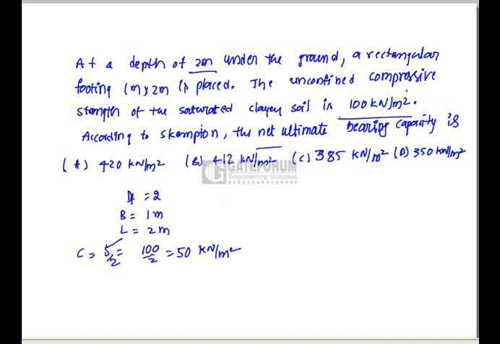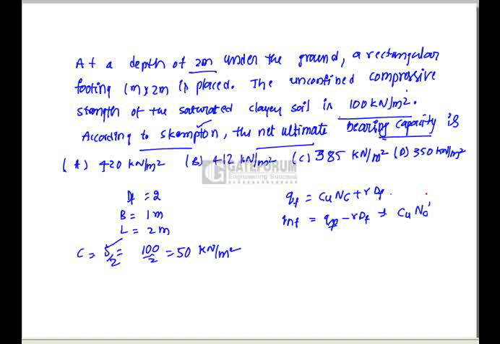We have to find out the net ultimate bearing capacity according to Skempton. The net ultimate bearing capacity QNF is equal to QF minus gamma DF, that is equal to Cu NC prime.